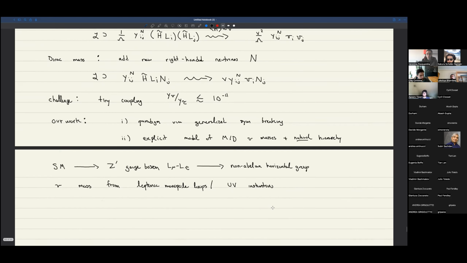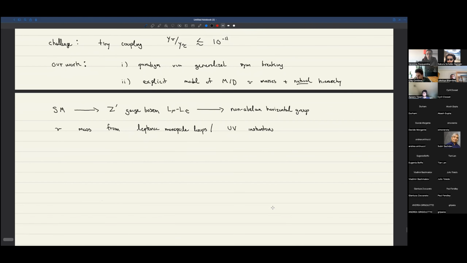Okay, so if there are no questions about this introductory part, let's set up some of the technical structure that we'll need.